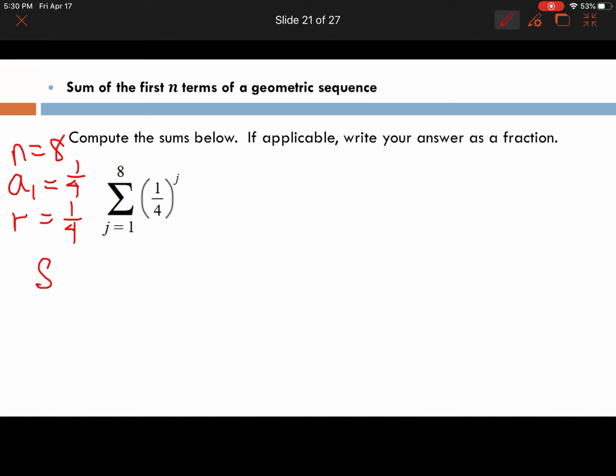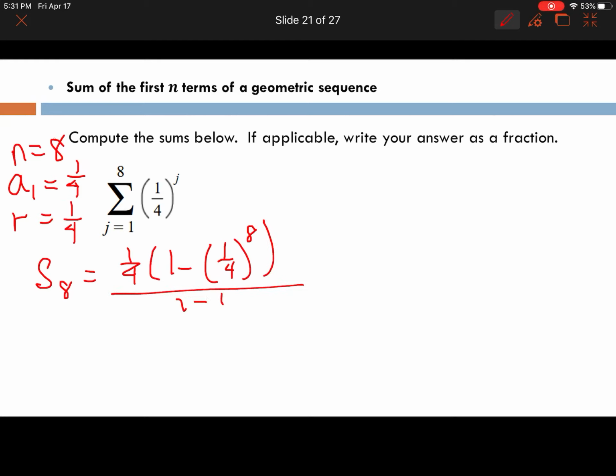All right, so the sum of the first 8 terms is going to be a sub 1, which is 1/4, times 1 minus r, which is 1/4, to the n, which is 8, over 1 minus 1/4.